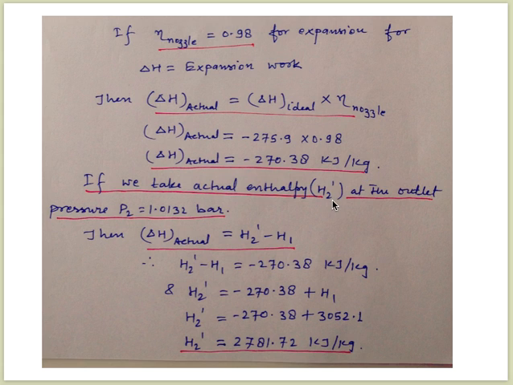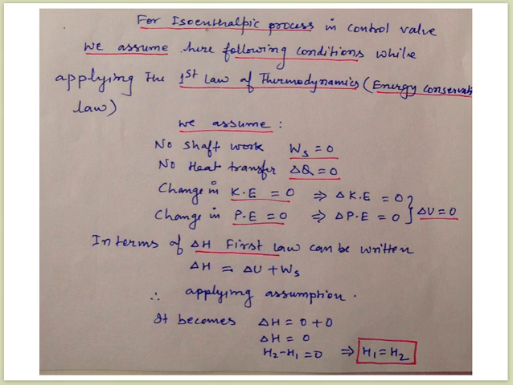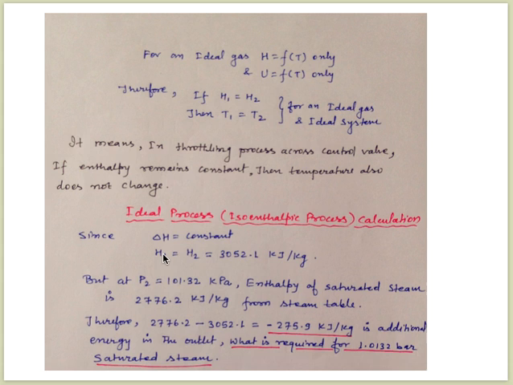If we take the actual enthalpy H2 dash at the outlet pressure P2 of 1.0132 bar, then delta H actual we can write as H2 dash minus H1, in place of H2 minus H1. Here we have taken 3052.1, so this is H1 and this is H2. So what are we talking about when we say delta H ideal?